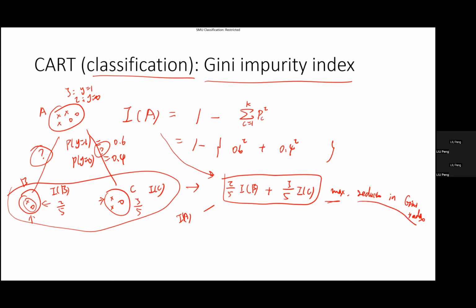This is a tedious process: we need to look at different potential decisions and find the one that gives us the maximum benefit in reducing the uncertainty in the Gini index. All right.